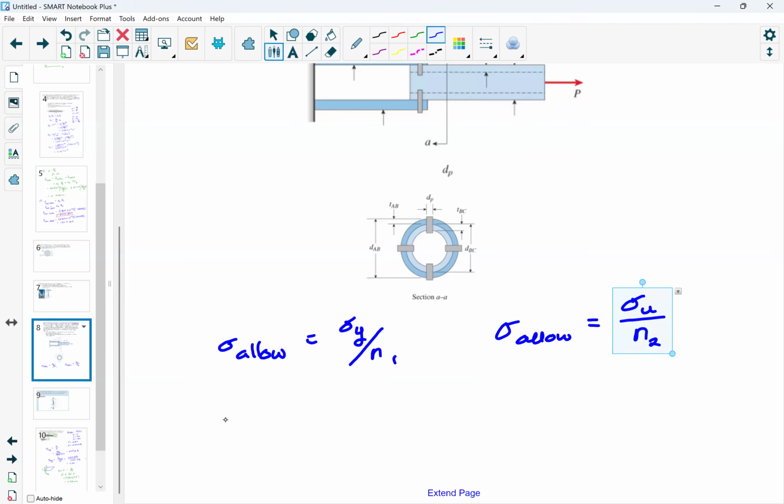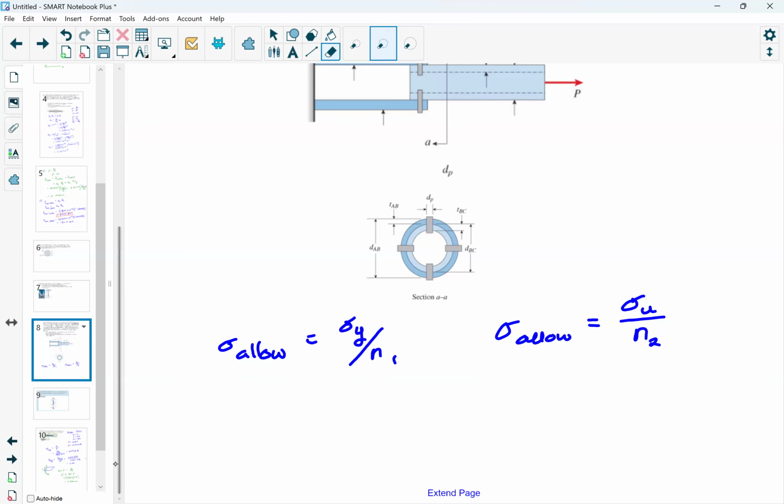We also have our shear, so tau allowed. I don't think those equations are right now. I don't think we need tau allowed, oh no, we do, because we're going to have to do the shear.